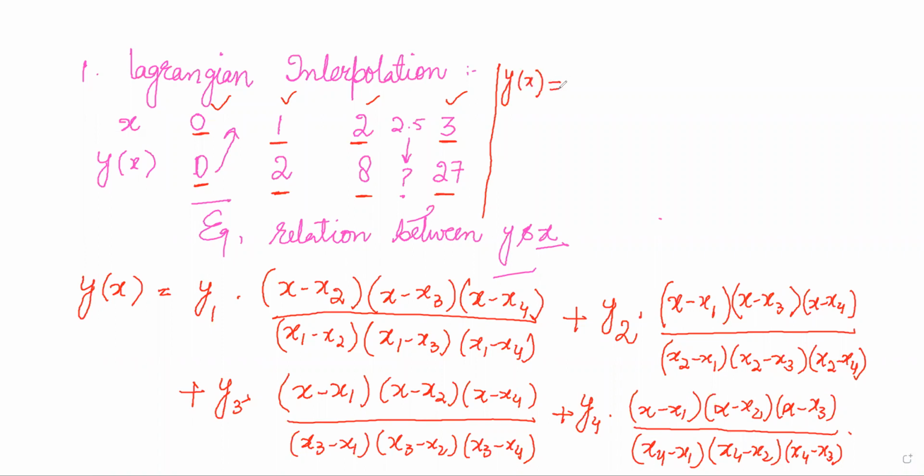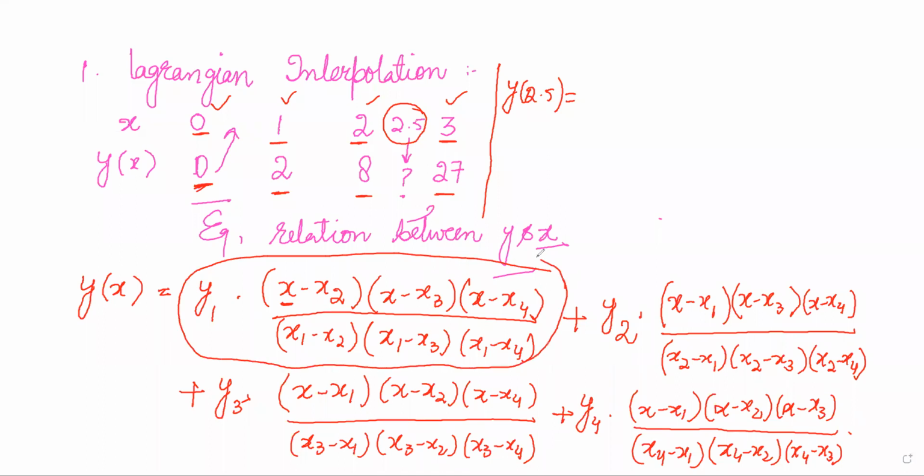I have to find the value of y at x is equal to 2.5, so in place of x we put x is equal to 2.5. Therefore y at x is equal to 2.5 can be written as y1. What is the value of y1? y1 is 0, therefore this entire term will become 0. No need to write this entire term.